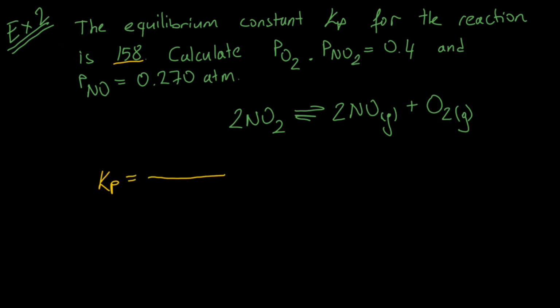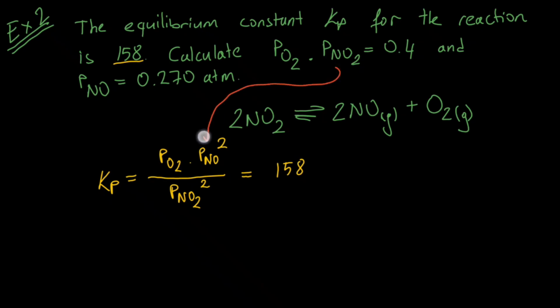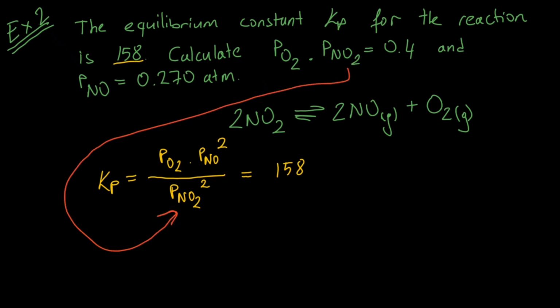So Kp for this reaction is PO2 times PNO squared over PNO2 squared, and this number is equal to 158. So I will put the numbers here.